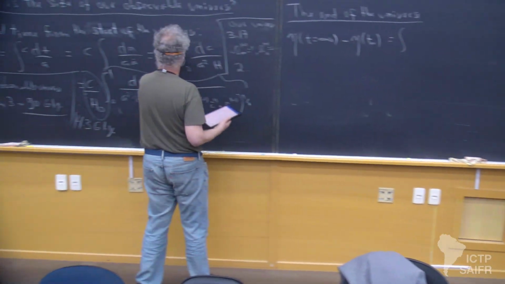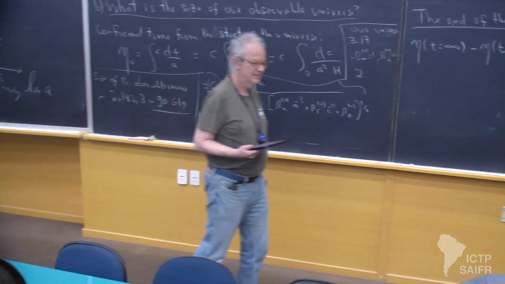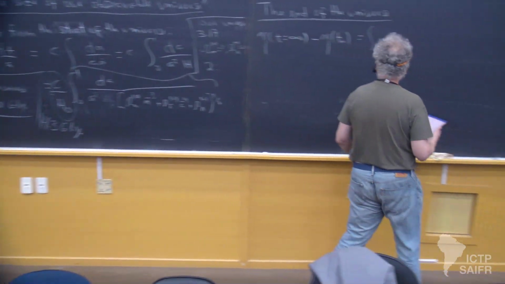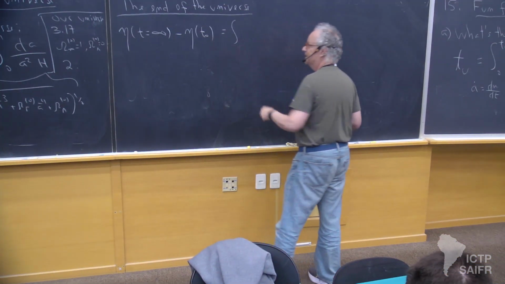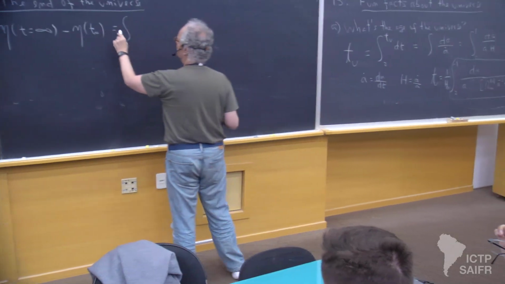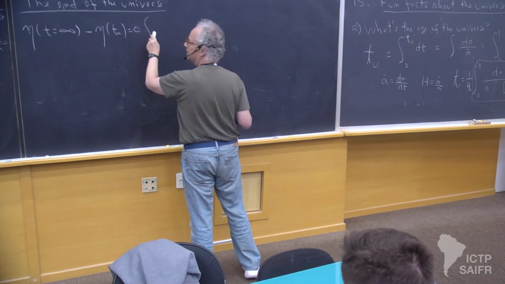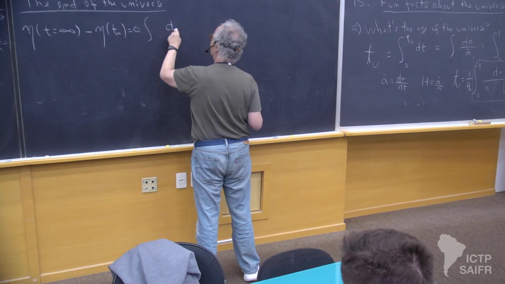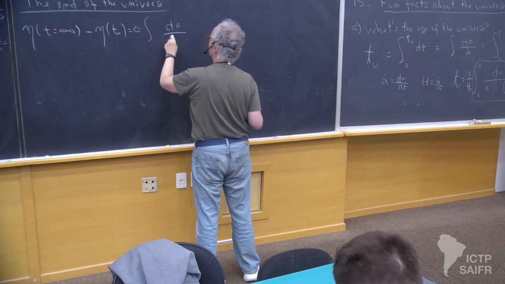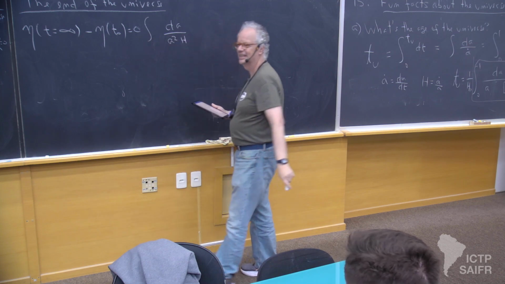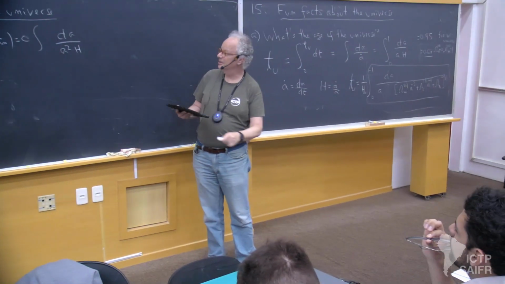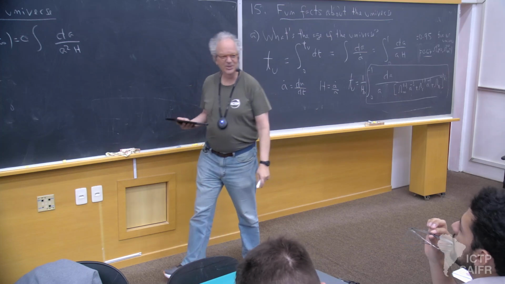This integral is 0 to 1, right? Now this integral here, again, I'm going to do the change of variables, blah, blah, blah, and I get dA over a squared H. So it's the same thing. But what are the bounds? What are the limits? 1 to infinity.